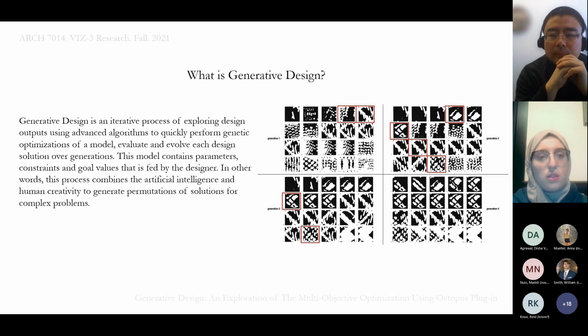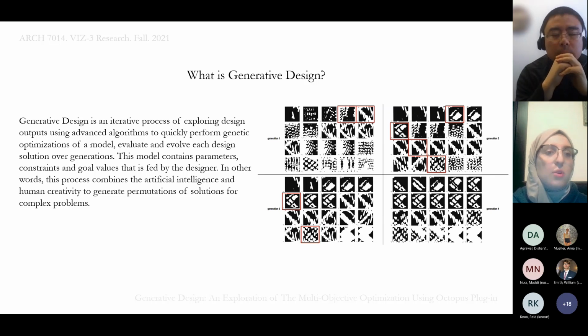I looked into different research papers, master theses, and lectures to see what generative design is. I found that generative design is a process of exploring design outputs, and it uses advanced algorithms and performs a genetic optimization of a model. So it evaluates and evolves each design solution over generations.